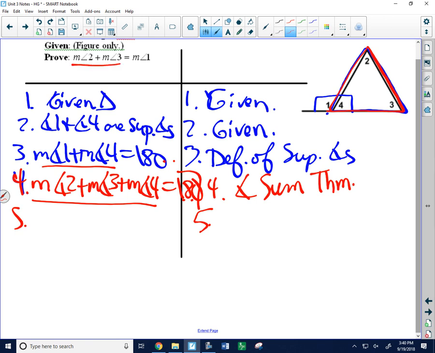Okay, but if you put this one first in line 3, it would have been symmetric property. You would have had to add in at the end. So measure of angle 2 plus measure of angle 3 plus measure of angle 4 equals up here measure of angle 1 plus measure of angle 4. Substitution or transitive, you could have put it.